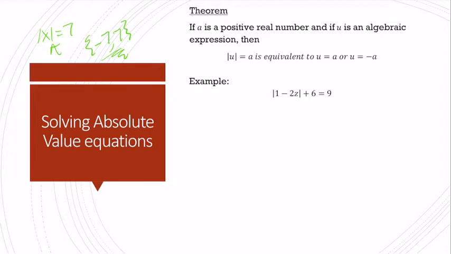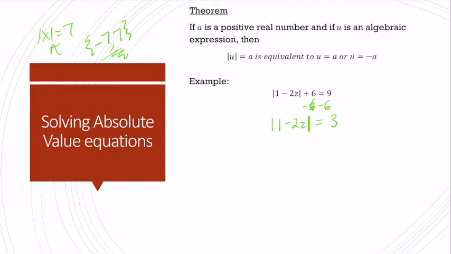So let's take a look at this example. I have the absolute value of 1 minus 2z plus 6 equals 9. The first thing I want to do is isolate my absolute value. So I'm going to subtract 6 from both sides. I have the absolute value of 1 minus 2z equals 3.